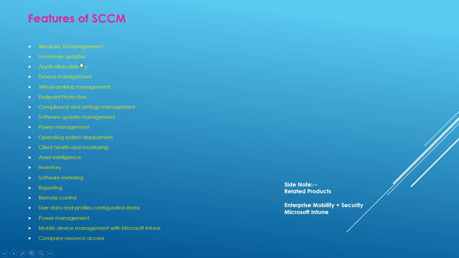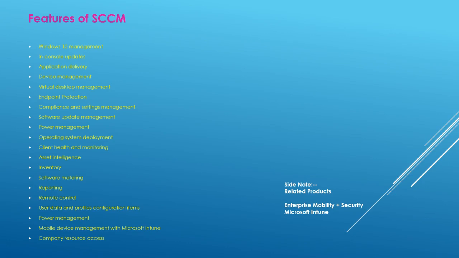Now, application delivery is another feature where you can deploy applications, either MSI or custom scripts, or automated deployment. For example, if a user is part of a specific Active Directory group, applications will automatically be delivered to that user.